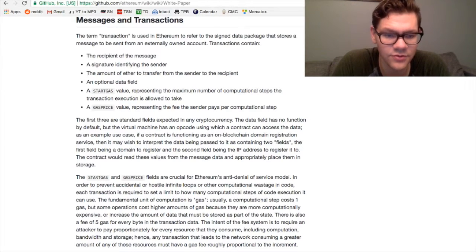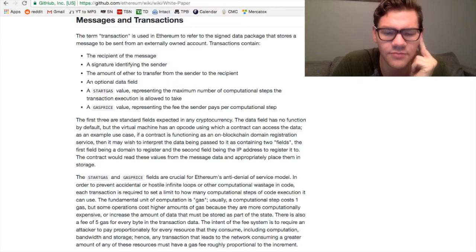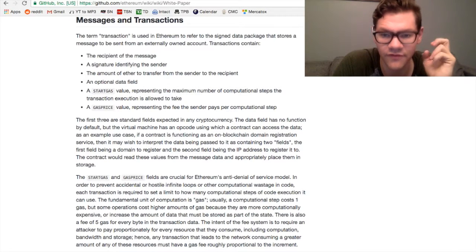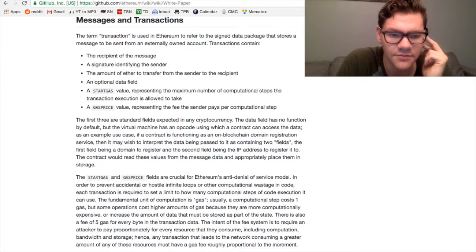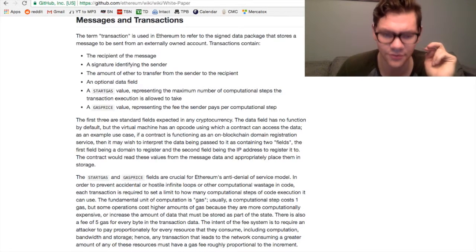As an example use case, if a contract is functioning as an on-blockchain domain registration service, then it may wish to interpret the data being passed to it as containing two fields, the first field being a domain to register and the second field being the IP address to register it to. The contract would read these values from the message data and appropriately place them in storage.